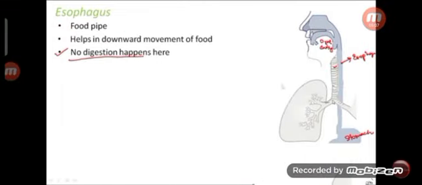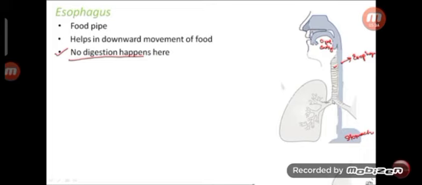After that, the esophagus. You already know that the food pipe of our body is called the esophagus, and it helps in the downward movement of food. When we take in food, it goes through the esophagus to the stomach.